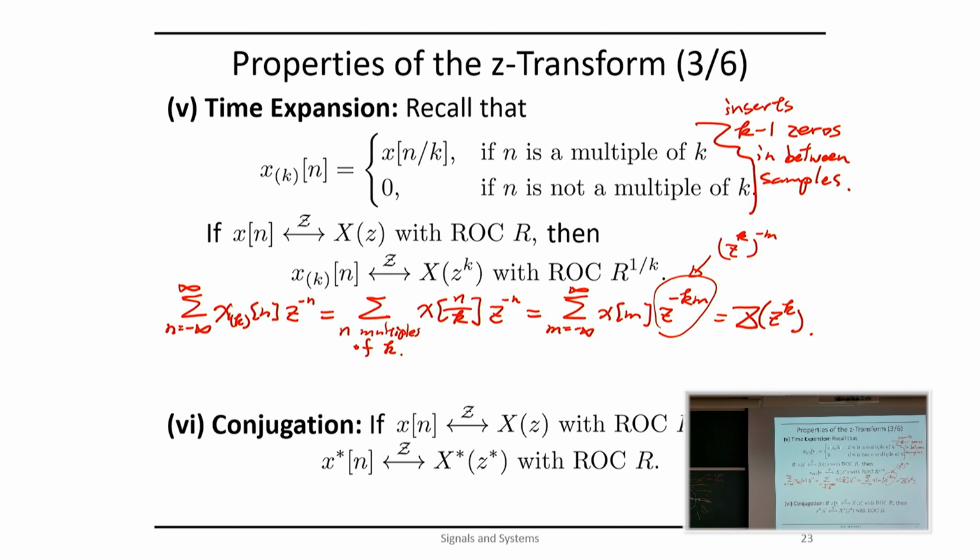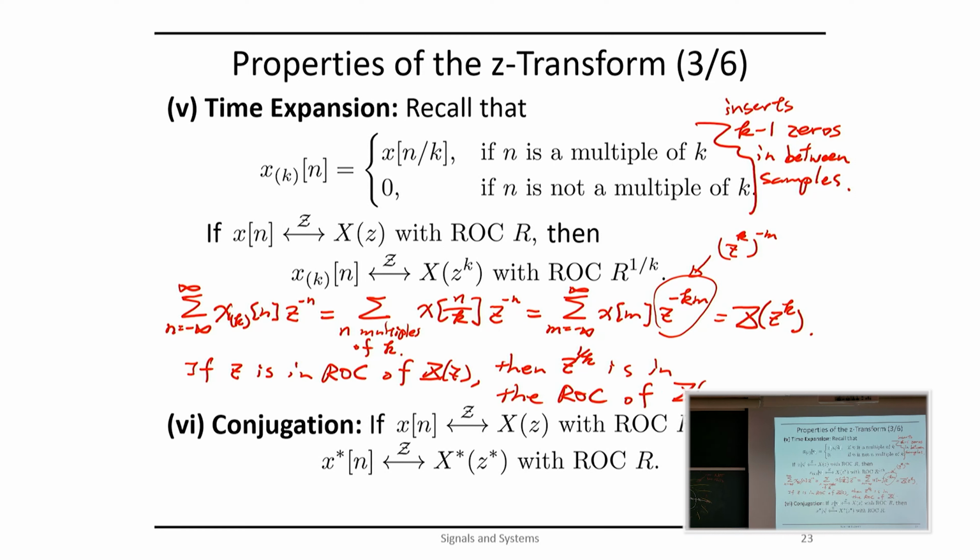So in this case, if you say that you have a point z that is in the ROC of this original transform X(z), then you can infer that z to the 1 over k is in the ROC of X of z to the power k.